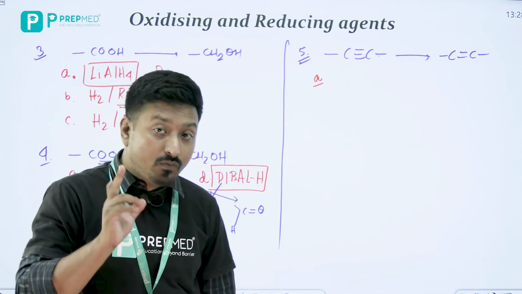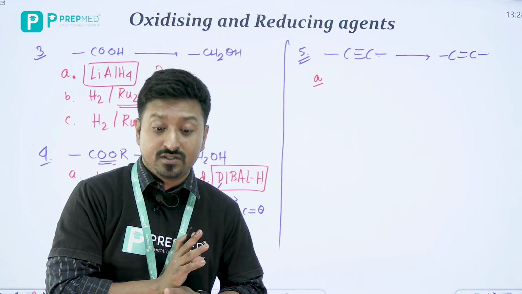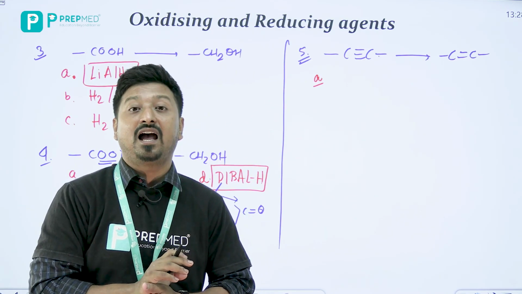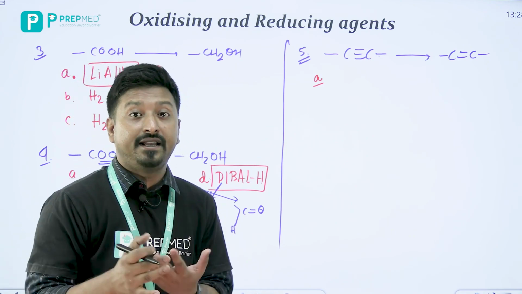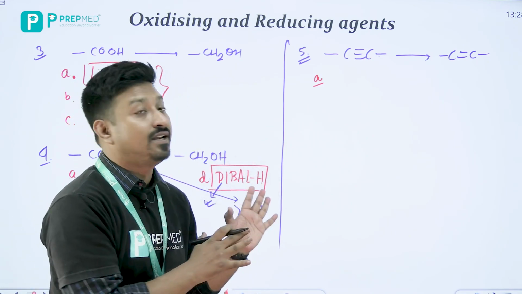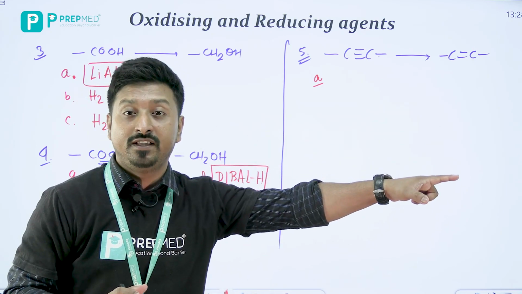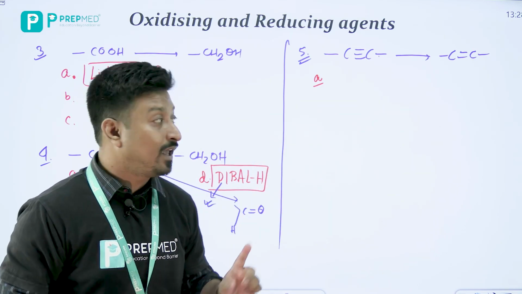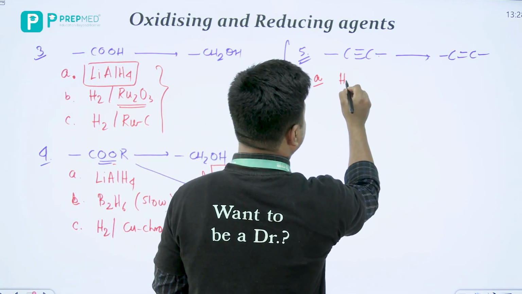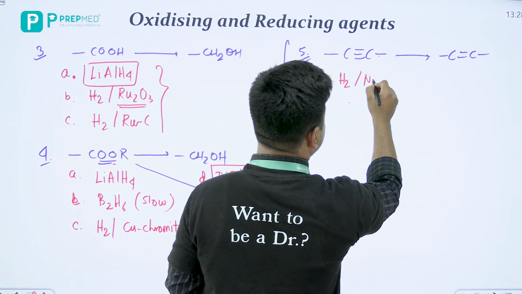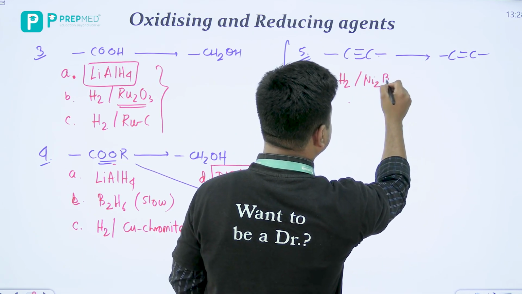But remember one thing here, the nickel which is used is basically Ni2B. Instead of direct nickel, because if you use direct hydrogen nickel, it will convert this directly into the alkane. So it is better to avoid that. If you want to control the reaction, we use hydrogen in presence of Ni2B.